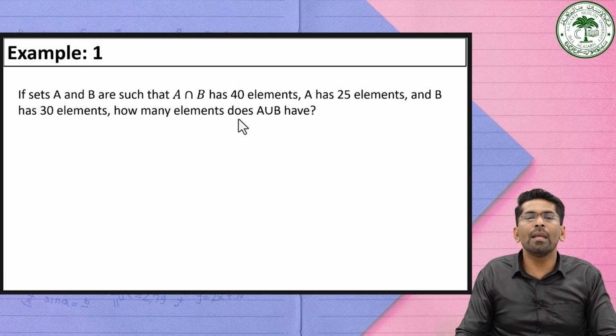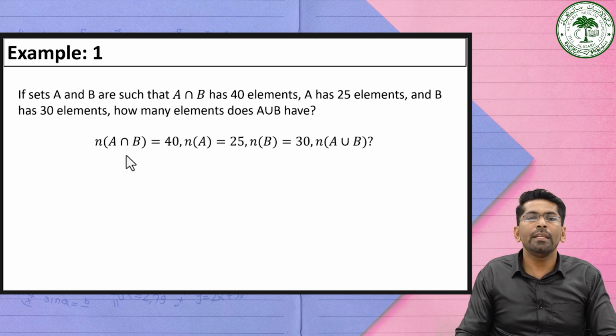How many elements does A union B have? Given the information, the number of elements in A intersection B is 40, in set A is 25, and in set B is 30, and we want to find the number of elements in A union B.